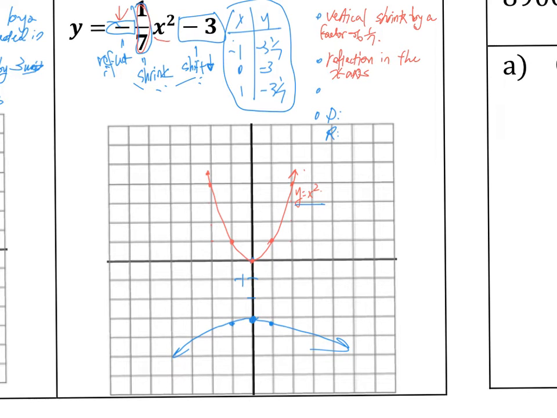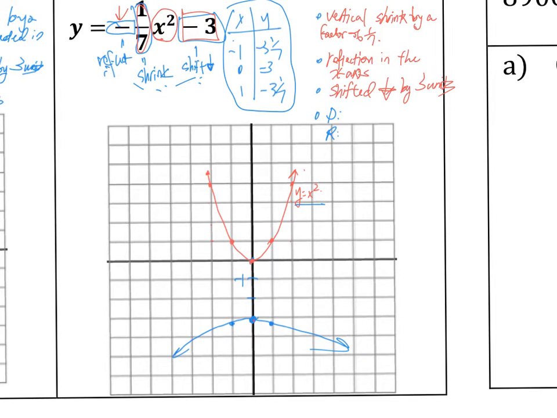Okay, and then x squared tells us it's a parabolic graph, and this -3 tells us that this graph is going to be shifted downwards, a vertical shift to be more specific, by 3 units.